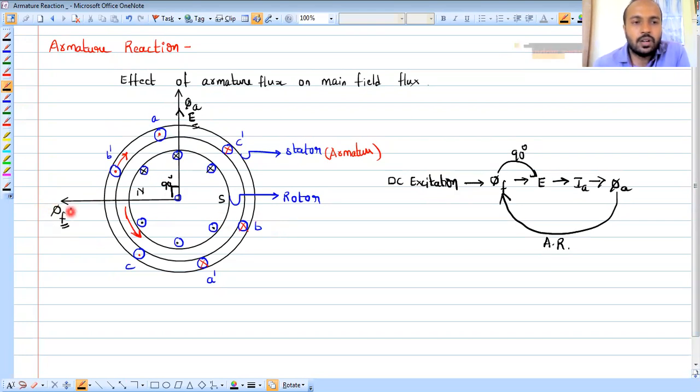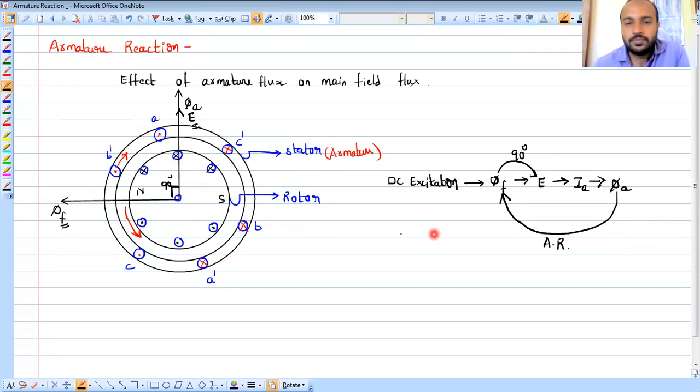That is what I explained here. Okay. Because of magnetic flux, you get EMF. That means magnetic flux leads with respect to induced EMF. Okay, here phi f is leading. Okay, this is the phasor diagram representation.